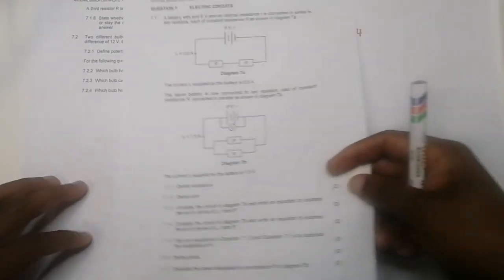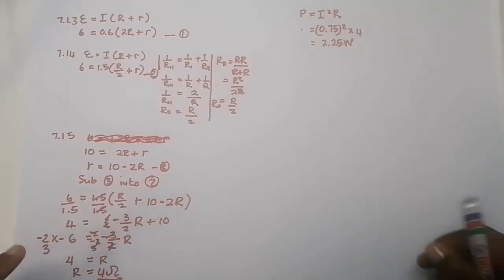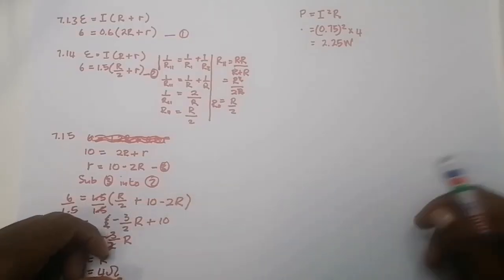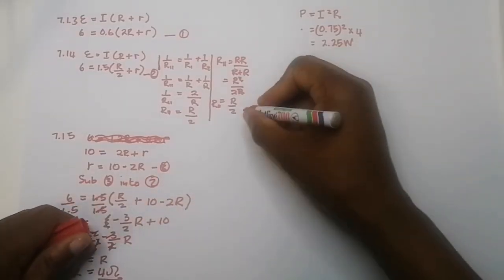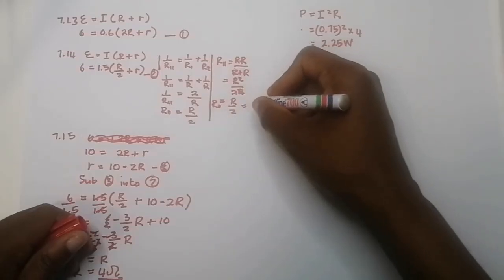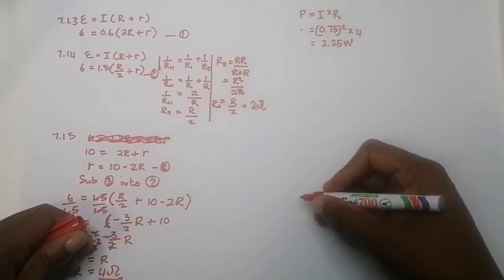I know the current, I know the resistance, and I know the total current. Remember that our effective parallel resistance would have been R over 2, so 4 over 2, which would give me 2 ohms.